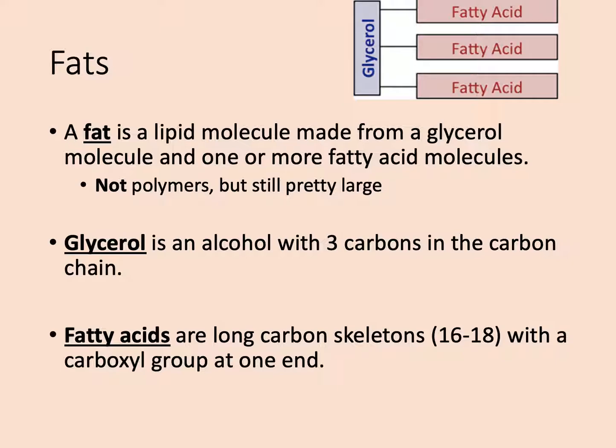Glycerol. It is an alcohol, if you remember your functional groups, OHs, with 3 carbons in the carbon chain. And fatty acids have long carbon skeletons, like 16, 18 carbons, with a carboxyl group at one of the ends. I have a more specific picture coming up here.